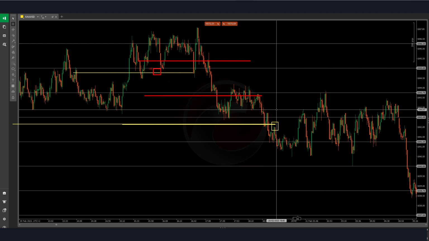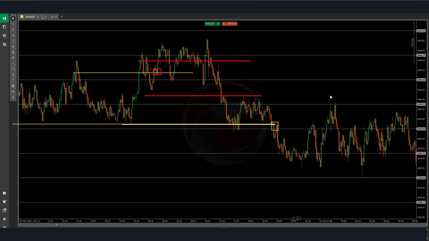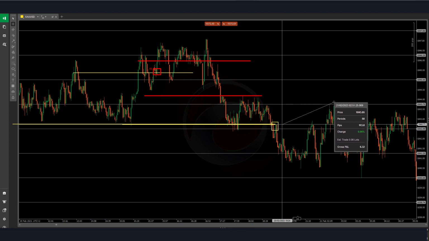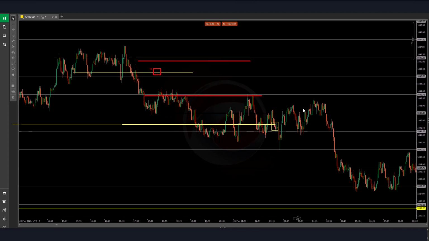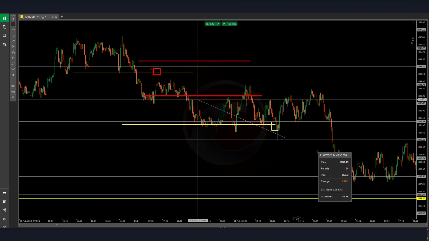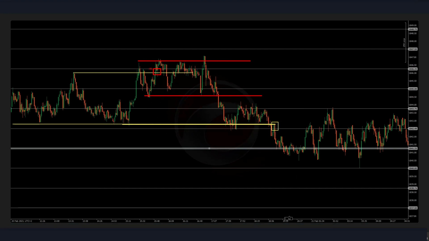Okay, this is the entry below these previous lows. Yeah, this will be the entry, 11 pips. So it will go to 45 from here. Yeah, it will be a win. Of course, it will be sort of an intraday swing, but it will still be a win if I didn't touch it.